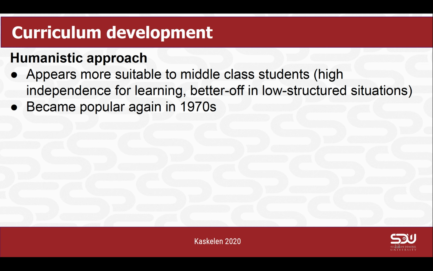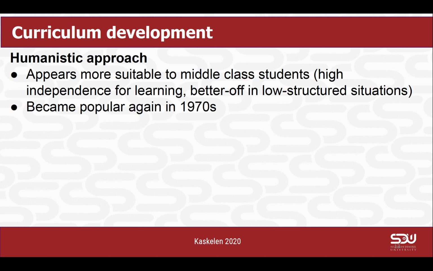Our book, Lunenburg and Ornstein, mentions that the humanistic approach appears to be more suitable to middle class students, the more socioeconomically advantaged students, because these students tend to have high independence for learning, and they do better in low-structured situations.